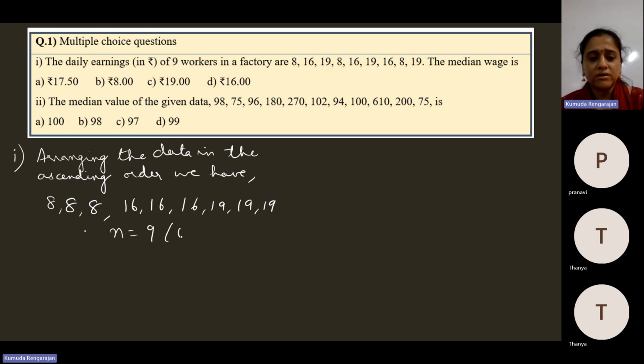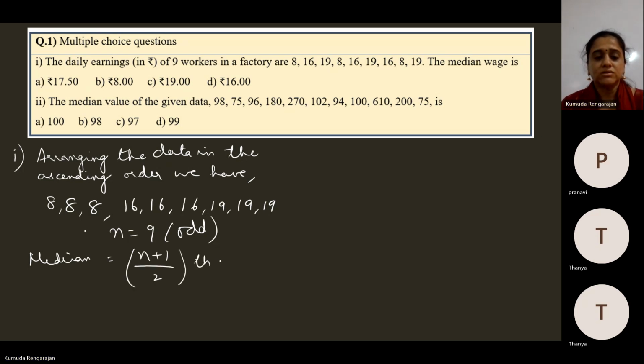That is, it's odd. Then the formula for median is equal to (n plus 1) by 2th observation. Median is equal to (n plus 1) by 2th observation. So it is (9 plus 1) by 2th observation.